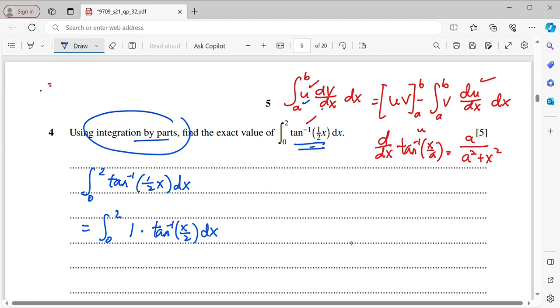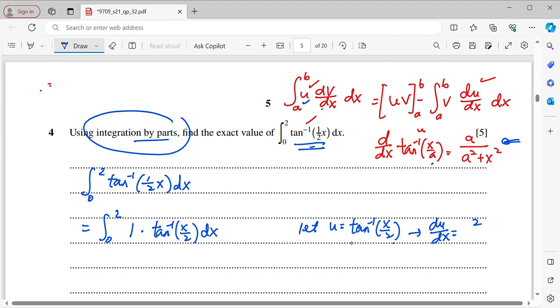So therefore, I will let my u be inverse tangent x over 2. That means now my du dx, just use the formula here and compare. Obviously, the a is 2.